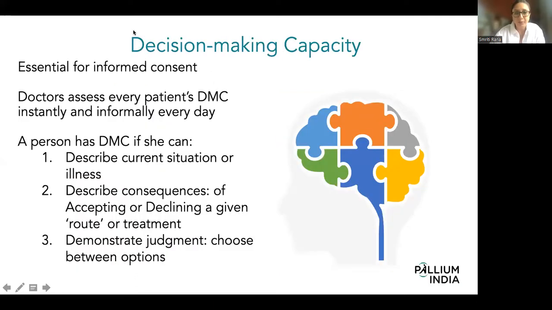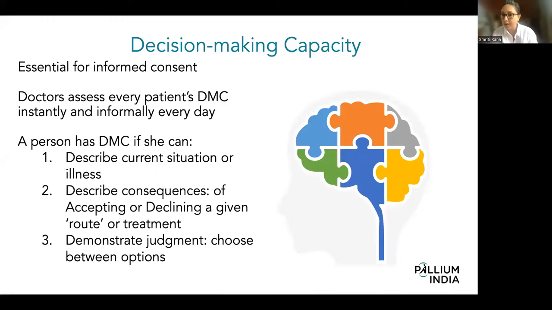So I said the patient makes decisions when they have the information and decision-making capacity. And what is decision-making capacity? And this is something that the physicians here will be able to corroborate. A person has decision-making capacity if she can, one, describe a current situation or an illness articulately enough, and two, describe consequences of accepting or declining a given route of treatment.